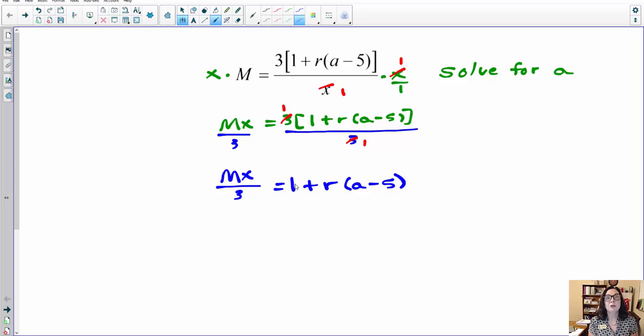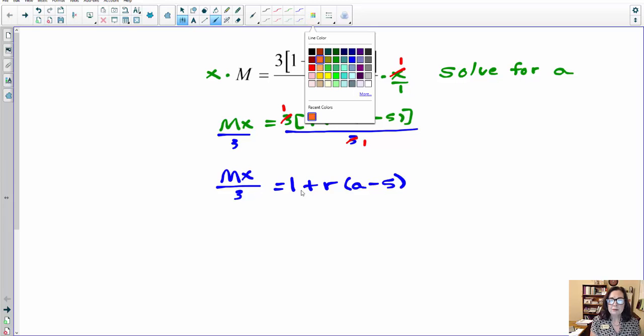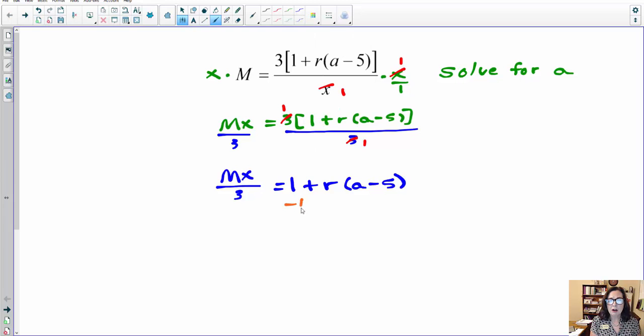I'm trying to turn this into a 0, more or less. So I will do that by subtracting 1 on both sides of my equation, leaving me with mx divided by 3 minus 1 is equal to, now 1 minus 1 is 0, r times a minus 5.